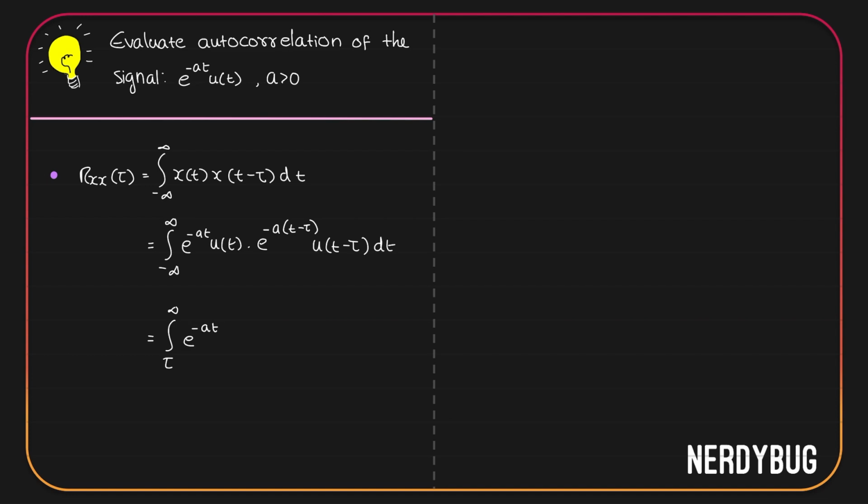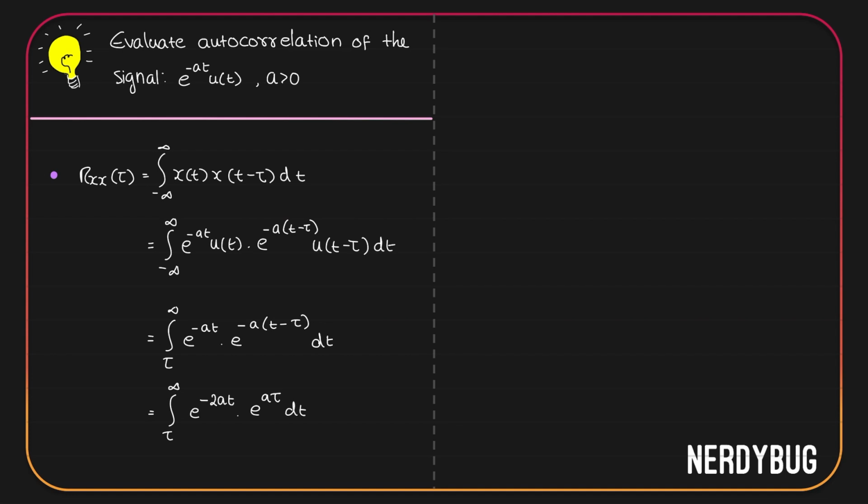E raised to minus at. U of t is 1 there. U of t minus tau is also 1. So this multiplied by e raised to minus a into t minus tau dt. So this is integral from tau to infinity. E raised to, there is minus at, another minus at. So minus 2at into e raised to plus a tau dt.